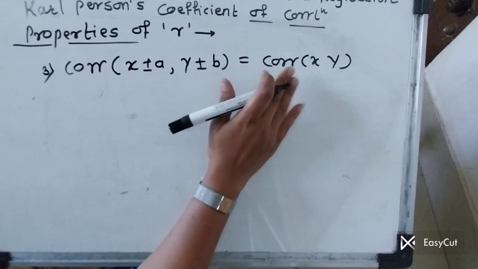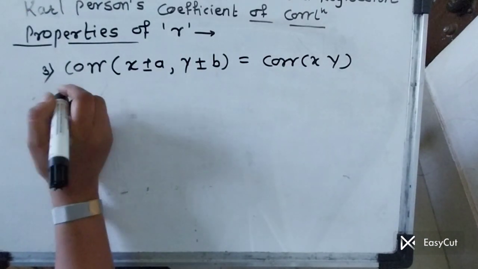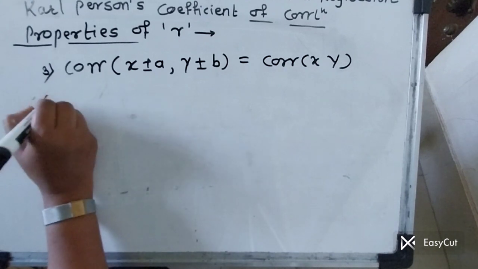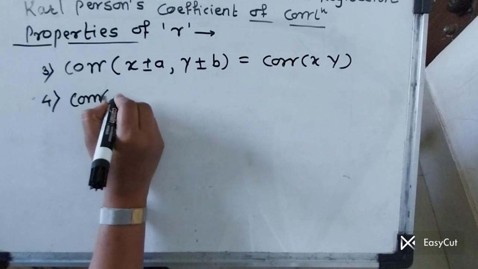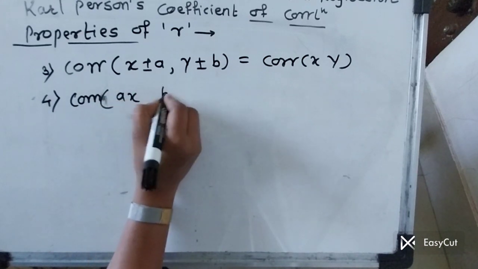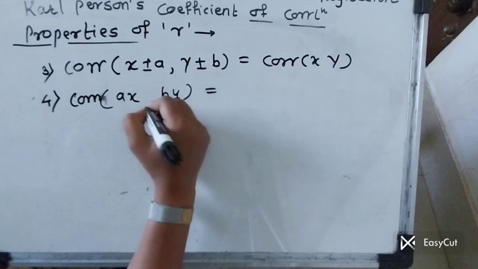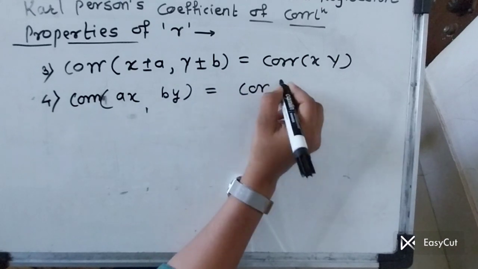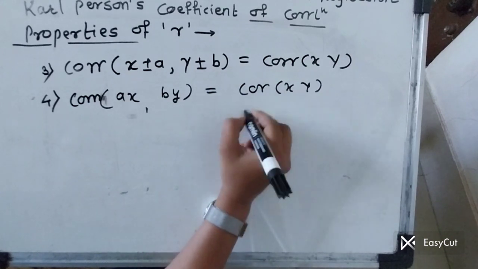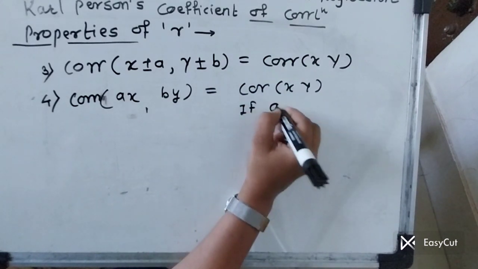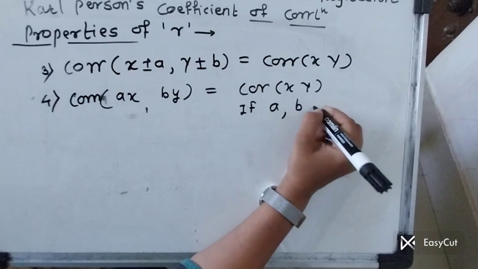It is the same as correlation xy. Fourth one, correlation between ax and by is also the same as correlation xy, if a and b have the same sign.